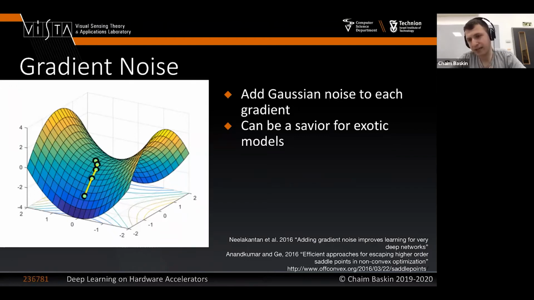And then we talked about Adam. Adam was a modification over RMSProp with the adaptable gradient for each iteration, plus we add the momentum for getting better convergence. And gradient noise, in the case of saddle points, can help us to avoid them.